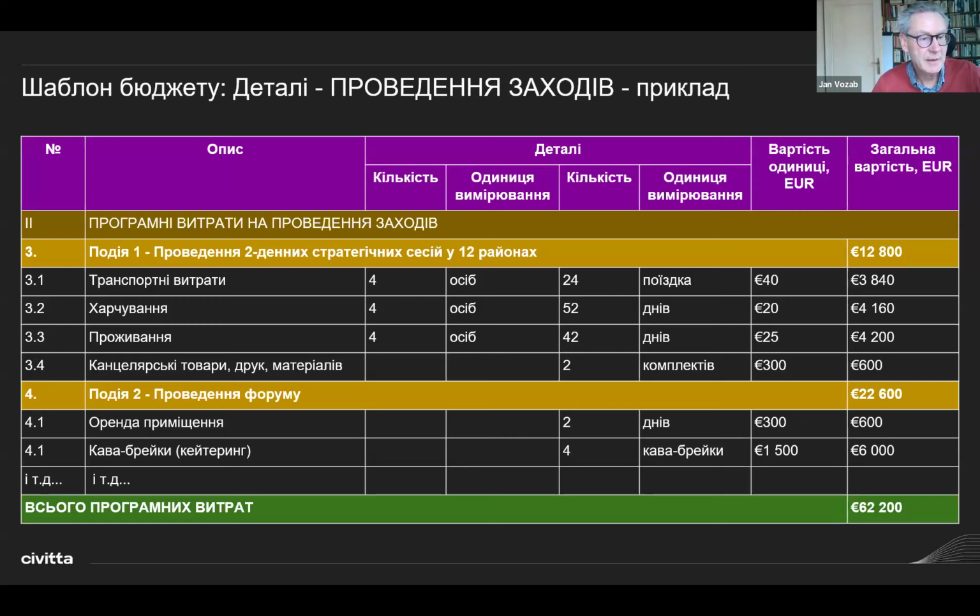And similarly, the forum of municipalities or rayons at the end: hire of the conference rooms, coffee breaks, catering, and so on. And there are no unit costs in this part.